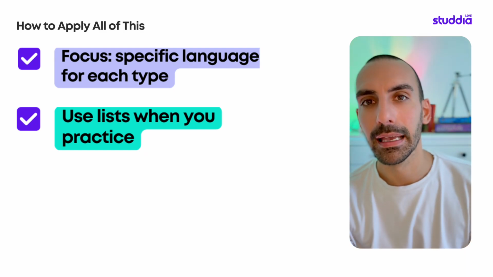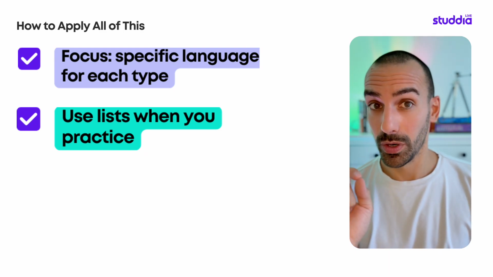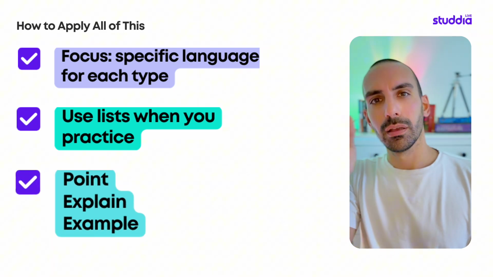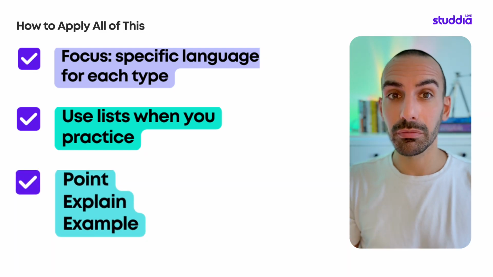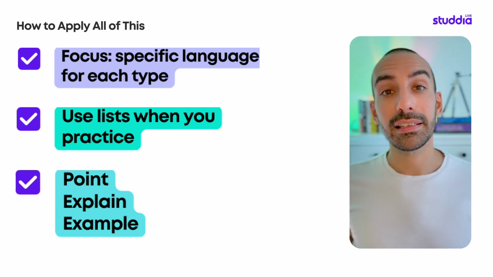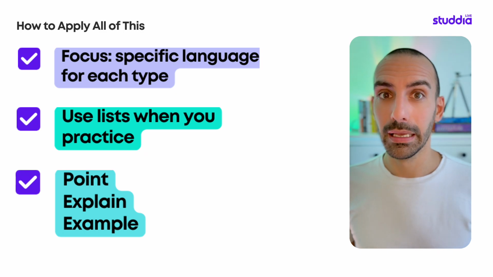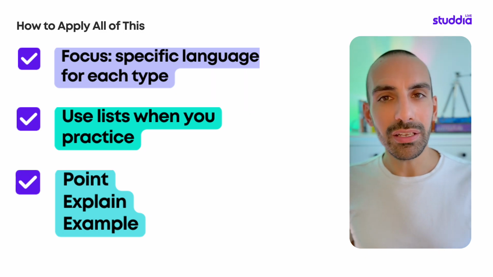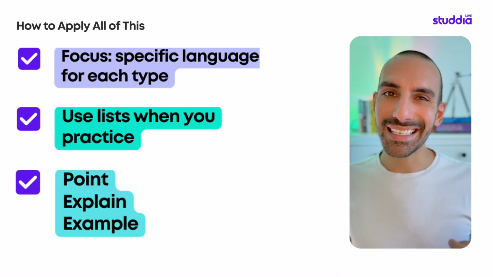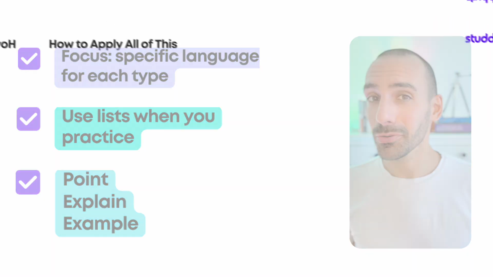The second thing is to start applying a clear structure when you speak. Answer the question directly, explain yourself, give an example. Every time you get a question, practice giving your answer in that order. This will also help you with writing, by the way, because you'll be training yourself to think in paragraphs. And you'll be using the same structure that you need for writing body paragraphs in task one and task two.